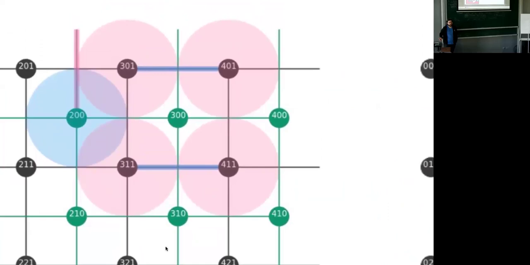Okay, so let's focus on this. On each edge is a qubit, and we could say that, okay, if X power is in blue, Z power is in pink, or vice versa, it doesn't matter.